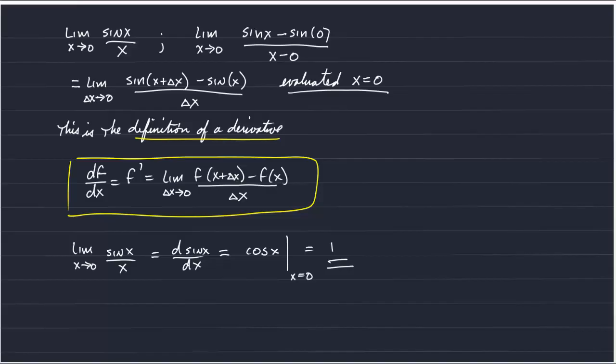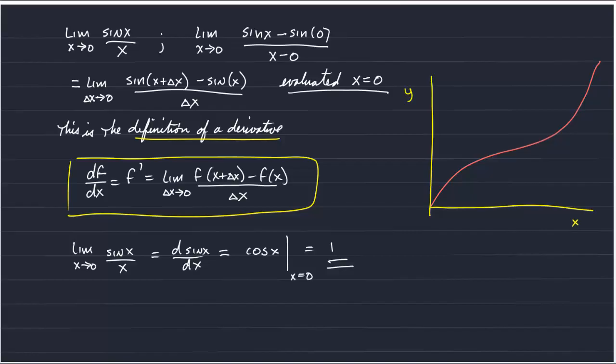So let's talk a little bit about how we can interpret a derivative. And the first way you were probably introduced to this is by understanding a derivative in terms of the slope of a function evaluated at a certain point. So here I'm drawing an arbitrary function on my x and y axis.